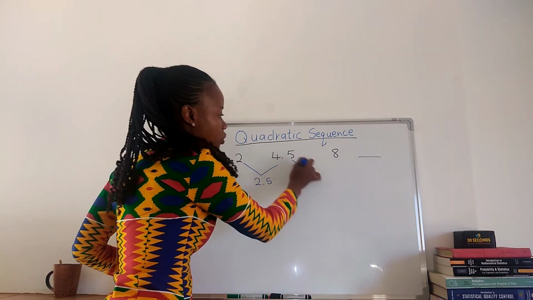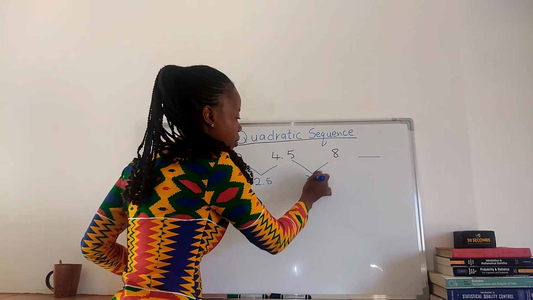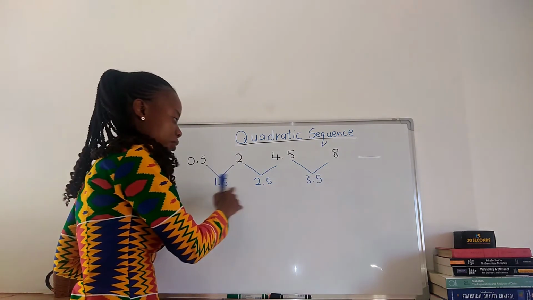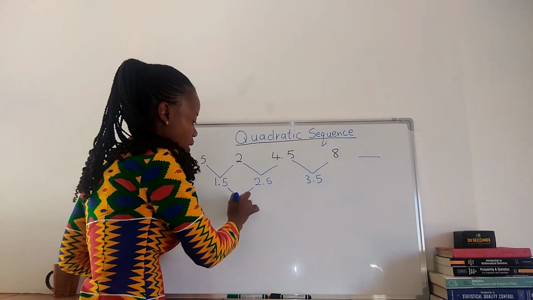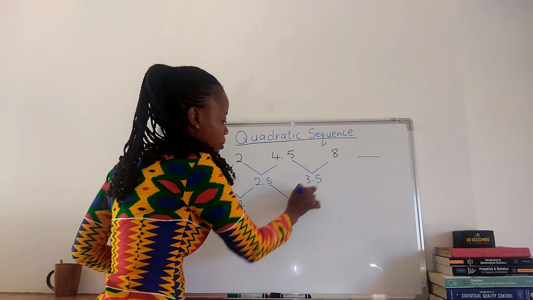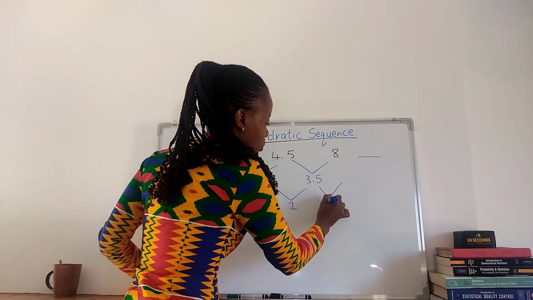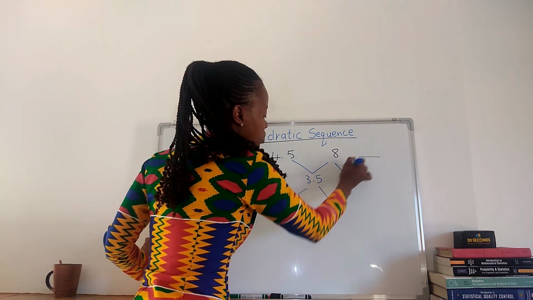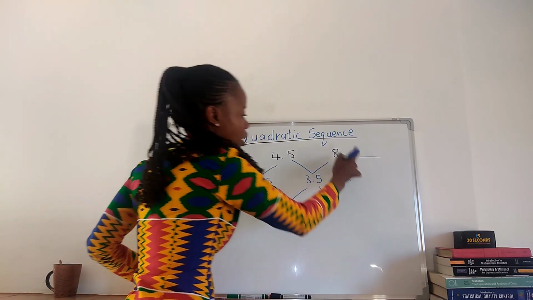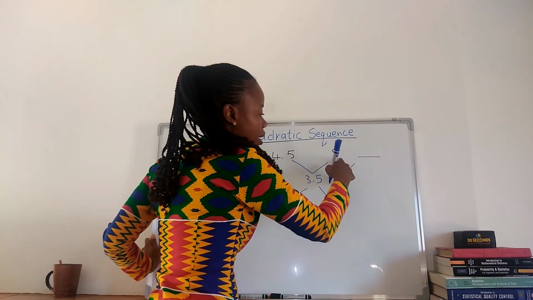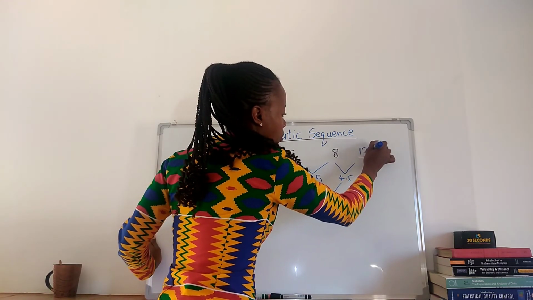From 4.5 to 8, we have added 3.5. And from 1.5 to 2.5, we have added 1, 2.5 to 3.5, we have added 1. We're going to add 1 again, which means this one is 4.5. And 4.5 plus 8 is going to be 12.5.